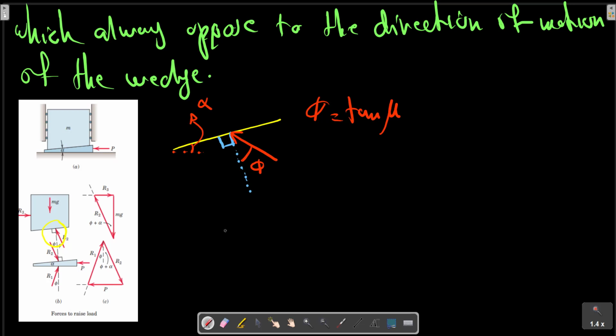If we continue this line to the normal, this angle is alpha plus phi.